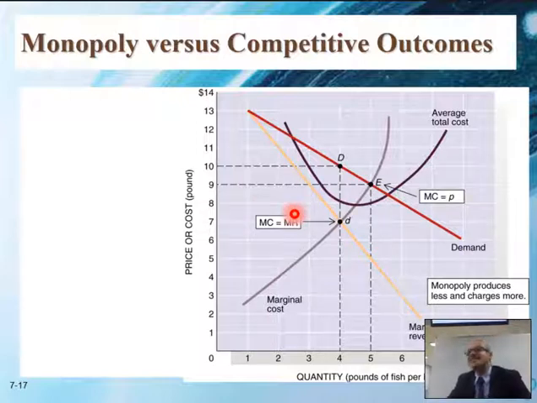Now, if it's a perfect competition, how much is the marginal cost? This is the marginal cost. Now this marginal cost will touch the marginal revenue, right?